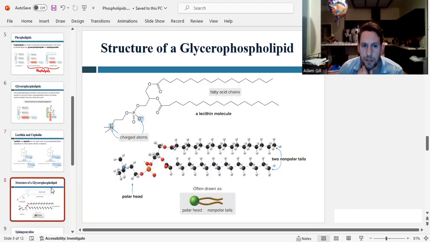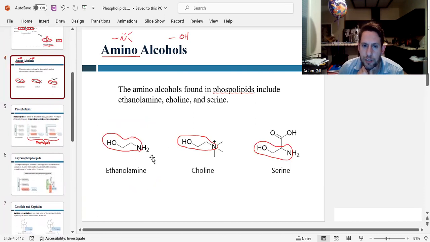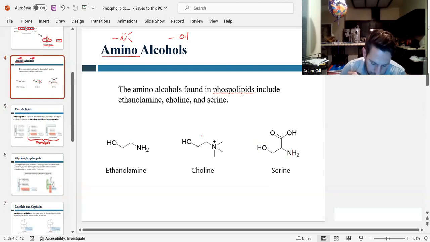And so we often abbreviate the structure of a fatty acid in this cartoon form. Now, at physiological pH, these nitrogens exist in the charged state. So when they're dissolved in water, this actually exists as NH3 plus.